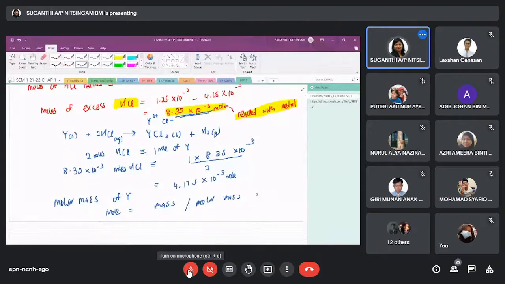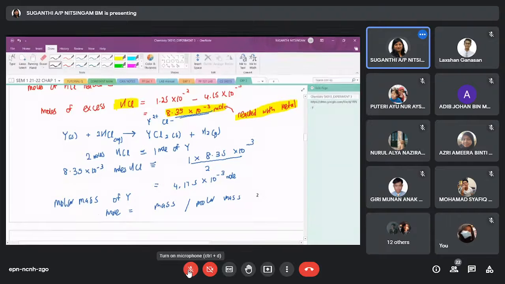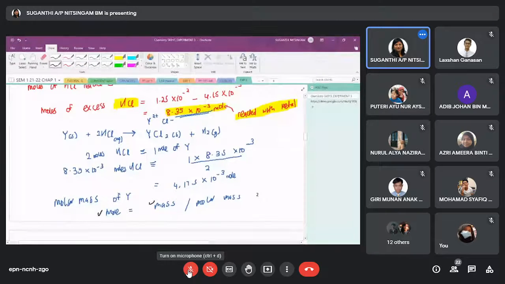In here, you can see, you dah ada mol dia, dah ada. Mass dia dah ada. Bolehlah cari molar mass. Tetapi, kita cari ni daripada belakang. That's why they say it's back titration. Because you're finding it from reverse way.